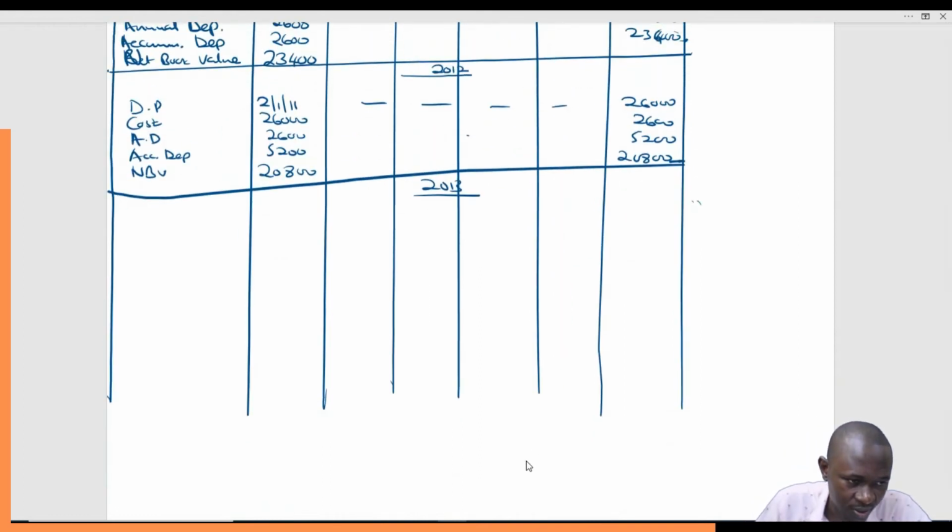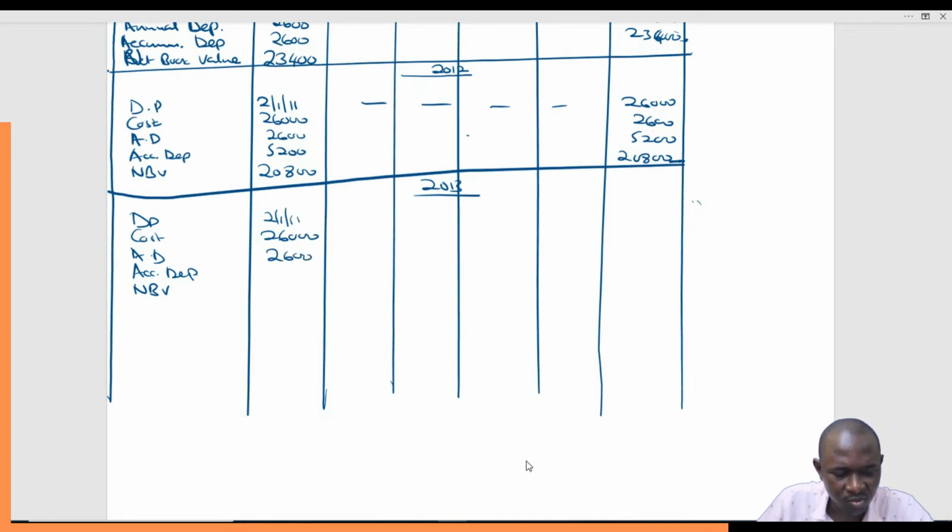2013 will also have the date of purchase, cost, annual depreciation, accumulated depreciation, and the net book value. So we still have the same thing. Sorry, I'm starting with the wrong figure. This is 2011, that is the date, and then 26,000. Annual depreciation is still 2,600. Remember I said that this will apply throughout.